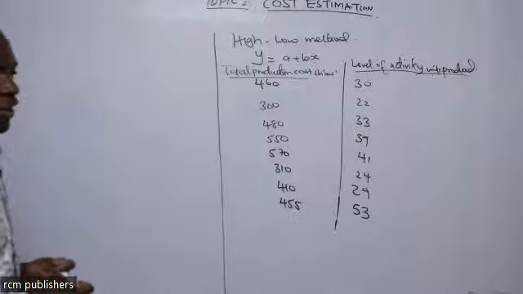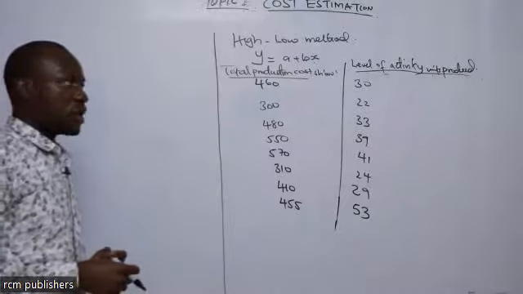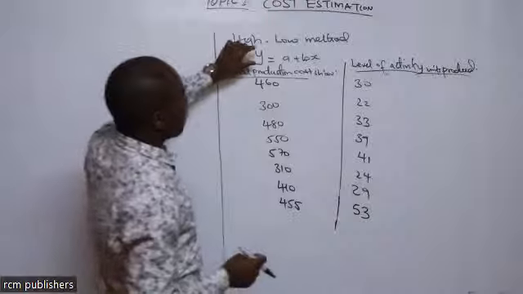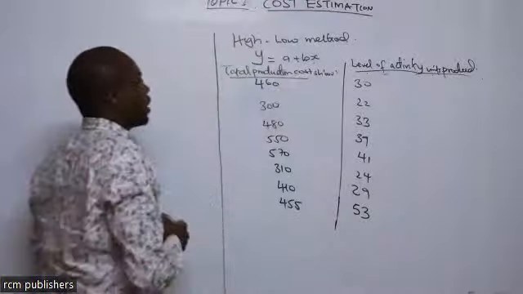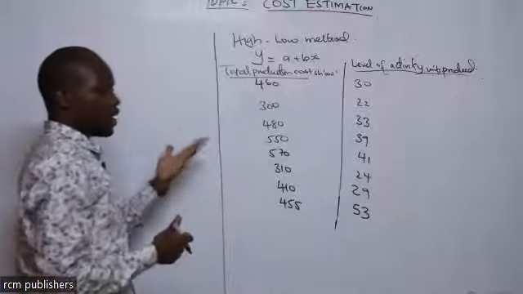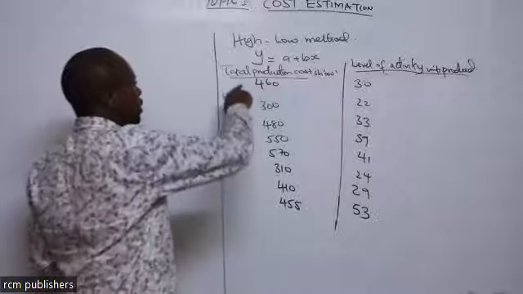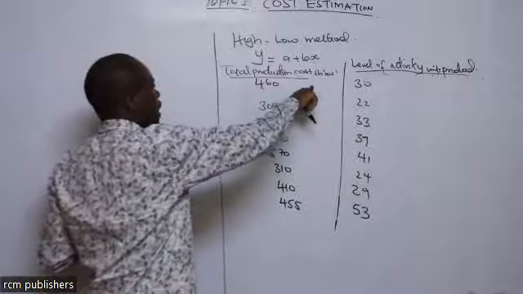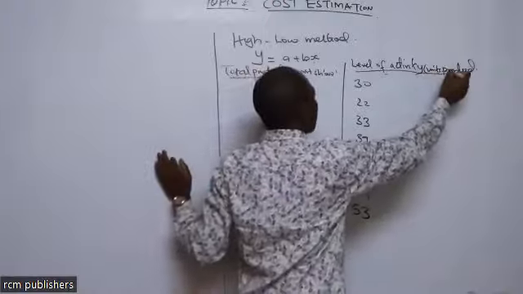Which one are we going to have as Y? Remember, we said Y is the dependent variable and X is the independent variable. Now, if you look at this data set, we are told that this is the total production cost and then the level of activity in bracket units produced.